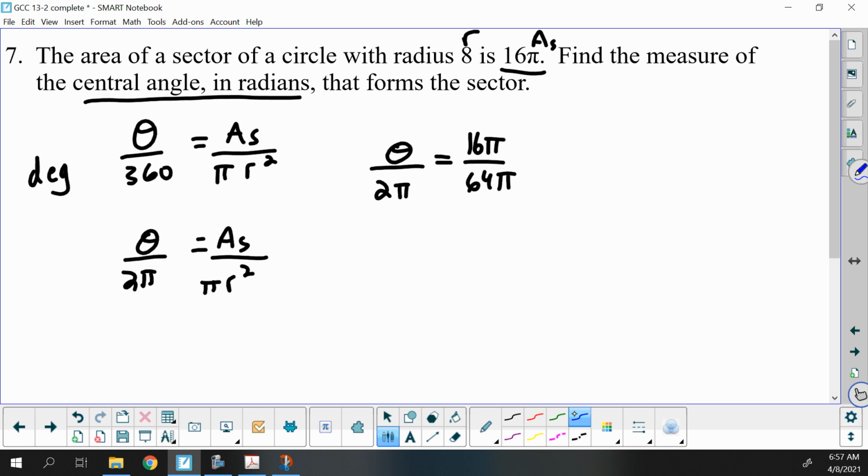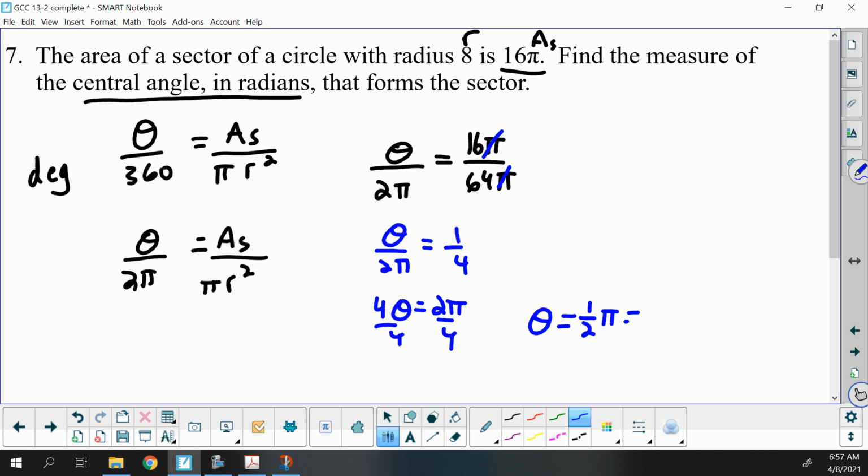If we reduce the right side, the pi's divide out. If you do 16 over 64 in your calculator, that's going to give you 1/4. And then that makes this pretty manageable to cross multiply. That would be 4 theta equals 2 pi. And if you divide by 4, you could either say that we have 1/2 pi, you could say 0.5 pi, or a lot of times next year you'll see 1/2 pi written as pi over 2, because the pi times 1 is just pi.